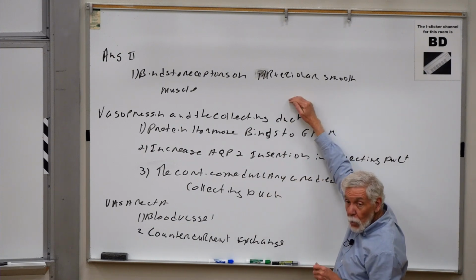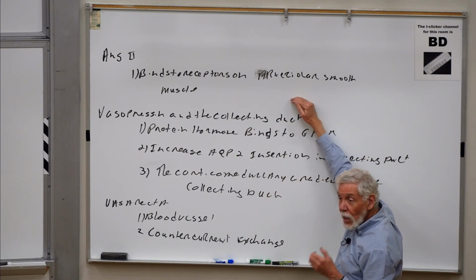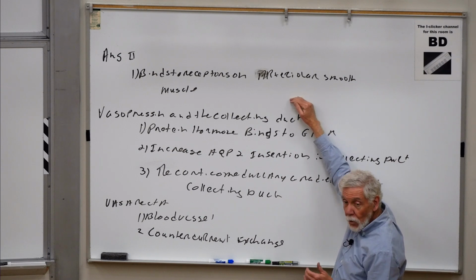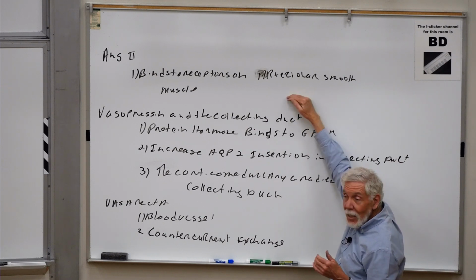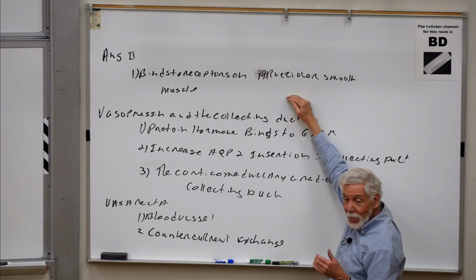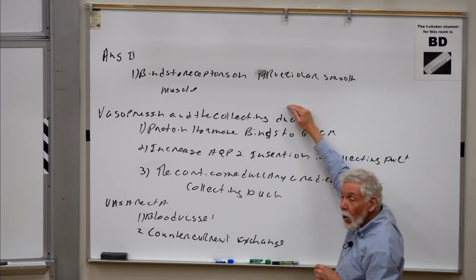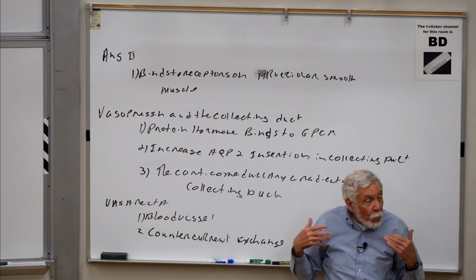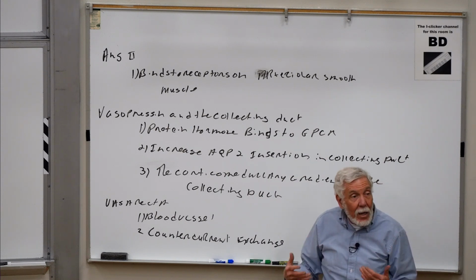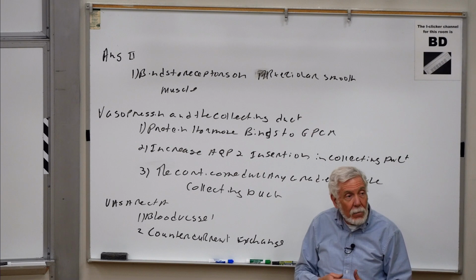If the arteriolar smooth muscle contracts, what's that going to do to the overall volume of the blood vascular compartment? It's going to make it smaller, basically scrunch down on the whole thing. So that will help compensate for the loss of blood in hypovolemic shock.